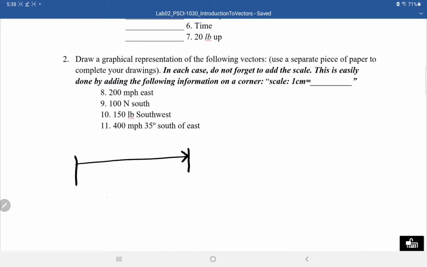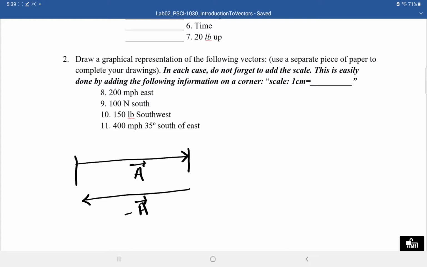If you reverse the direction, keeping the magnitude the same, this vector will not be the same. Suppose that this is vector A. If you reverse the direction with the same magnitude, it becomes minus A, right? So this is how we draw a vector graphically.